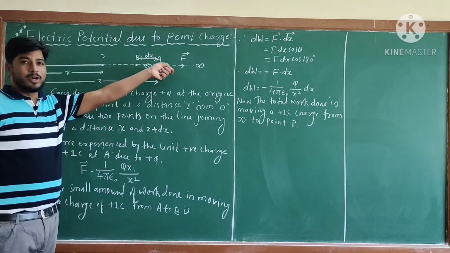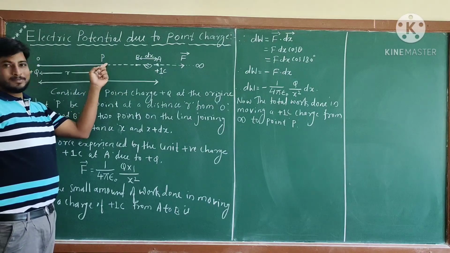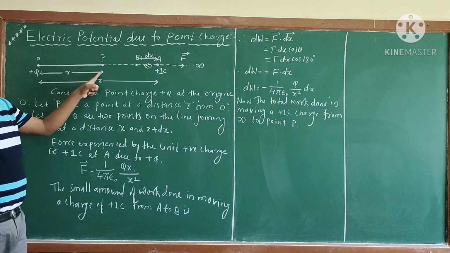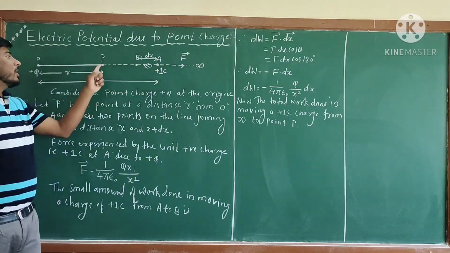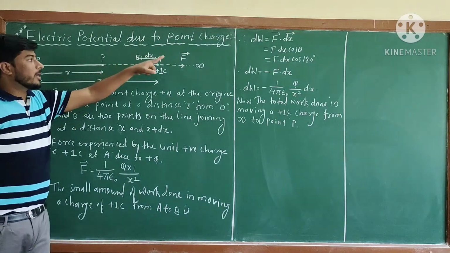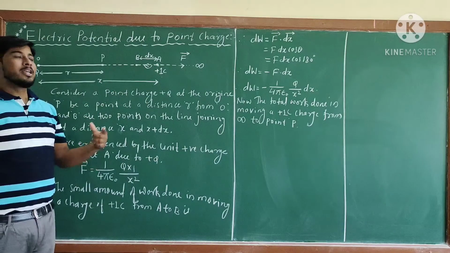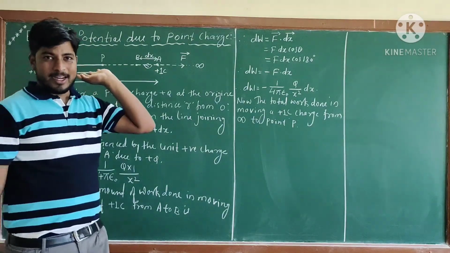Now we are doing the work from infinity to this point, and this point is placed at a distance r from the origin. The work done from infinity to this point against the electrostatic force is nothing but what? Electric potential. Is that right?